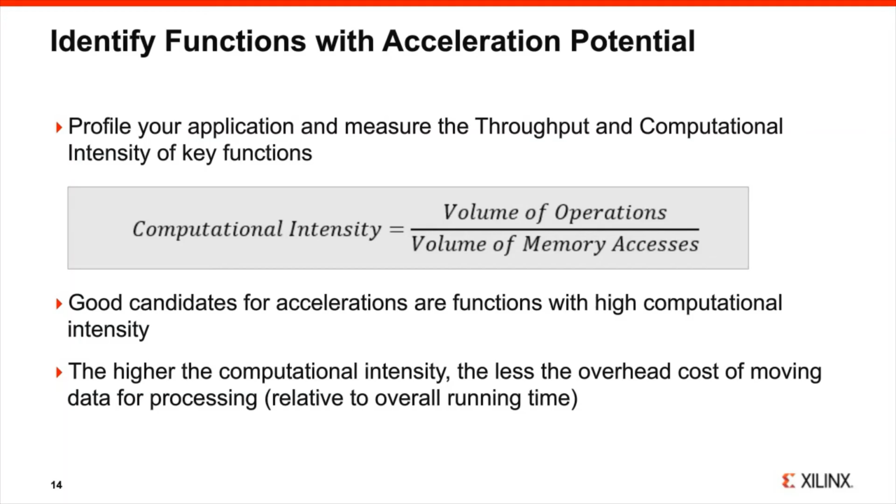With that in mind, the next step is to figure out what are good candidates for hardware acceleration. This formula of computational intensity is very simple, but works very well. It starts with measuring the number of operations over the number of memory accesses. And why is that important?